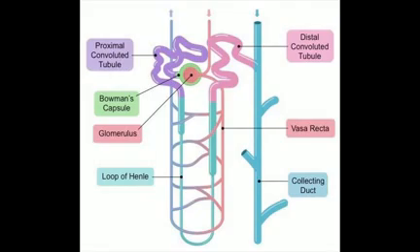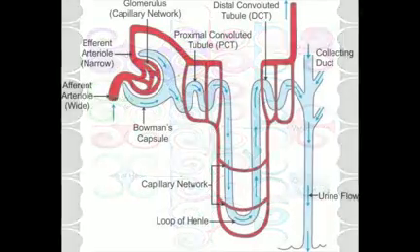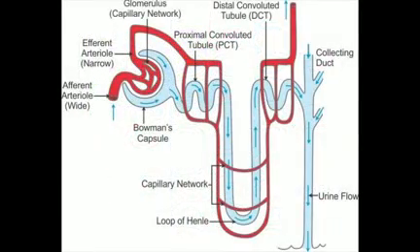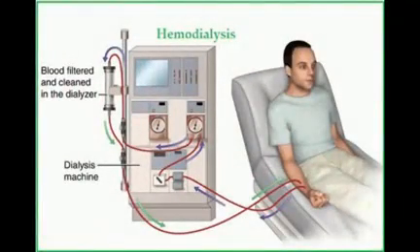In the urinary bladder, urine is stored for some time and ultimately passes out of the body through the urethra.